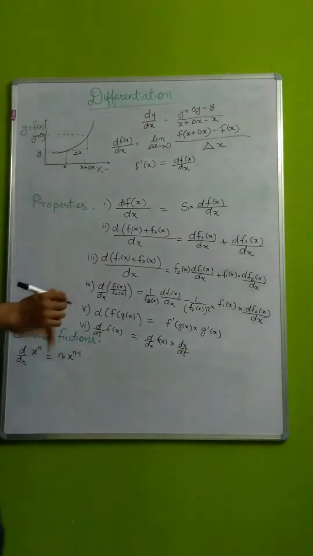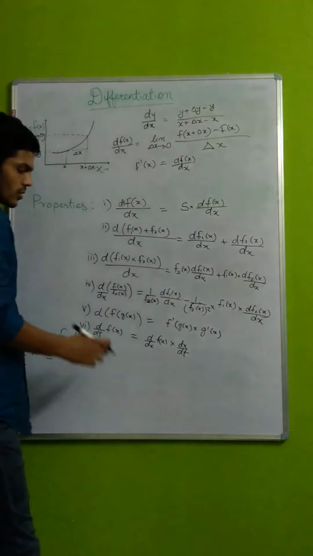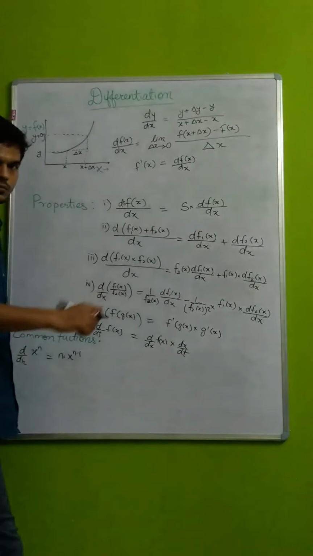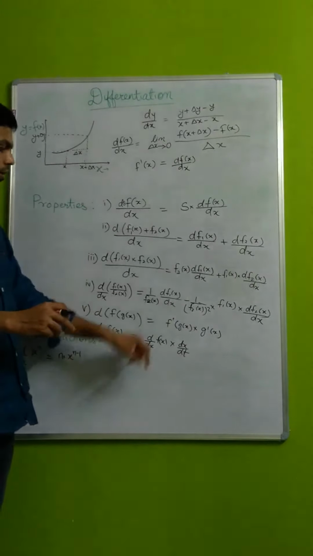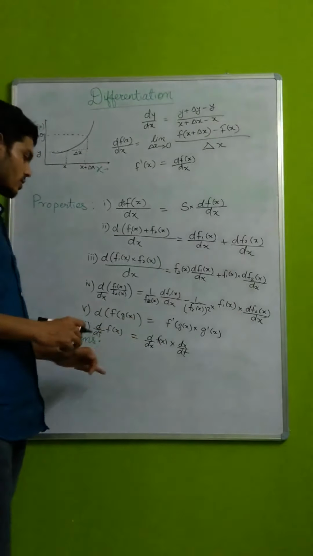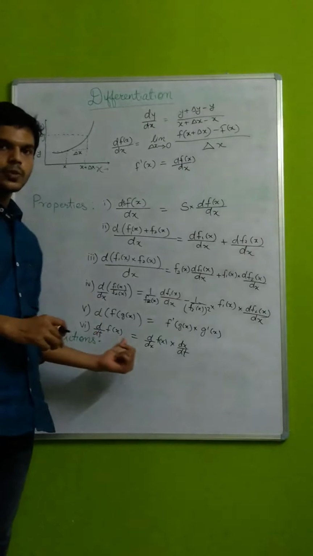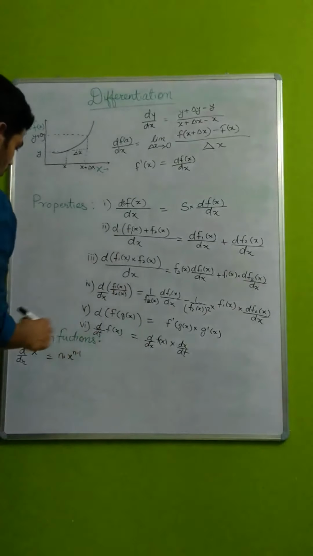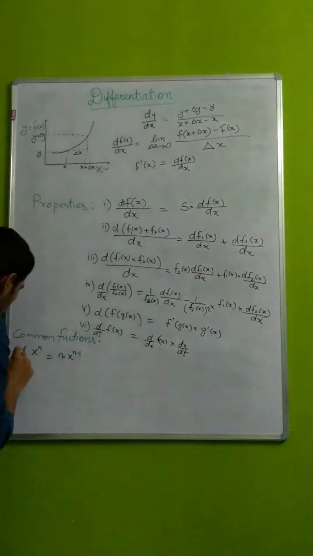Got it? First we differentiate with respect to x, then we differentiate x with respect to t. So this is also important property. We will need this in further concepts, like when we have to find velocity and acceleration, we will have to differentiate it with respect to time t.